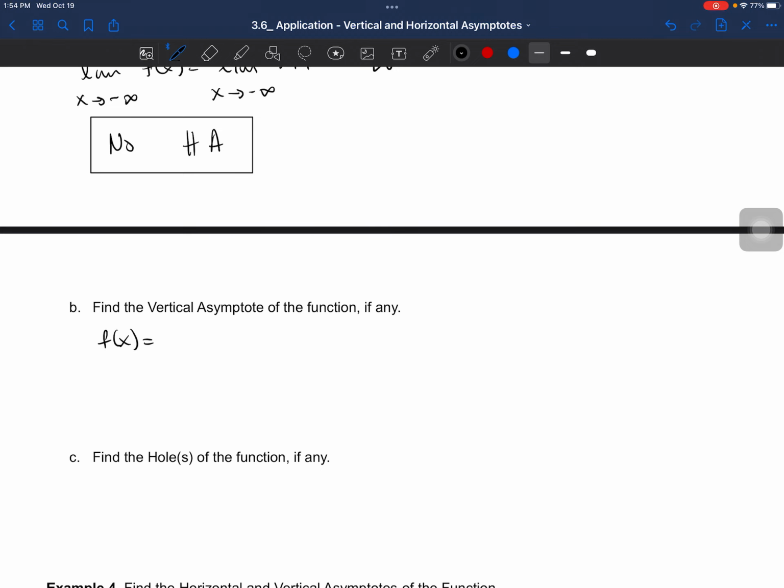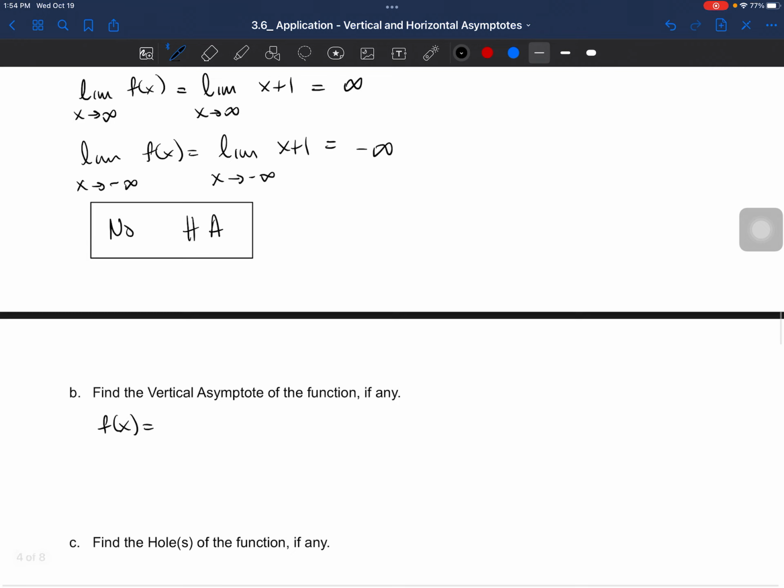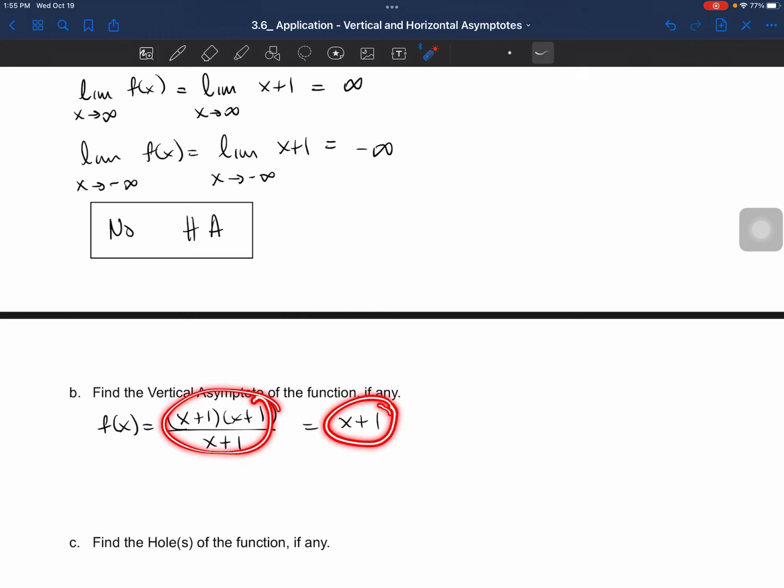Like we said before, these two have the same behavior. So the function x plus 1 times x plus 1 over x plus 1 and the function x plus 1 share the same vertical asymptote. If this one has a vertical asymptote, then the other will too, because they have the same behavior.